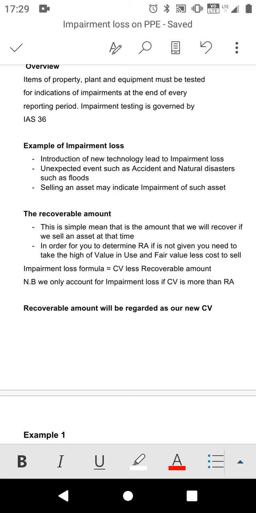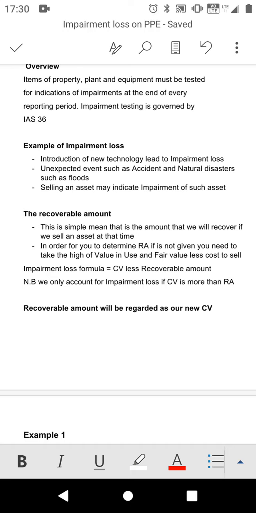If what we are going to recover is less, which means that there is impairment, you make a loss there. But if the recoverable amount is higher, there is no impairment and you don't account for that profit, because we measure inventory and PPE at the lower cost. You don't measure the profit, you only measure the loss in terms of IAS 2 and IAS 16.